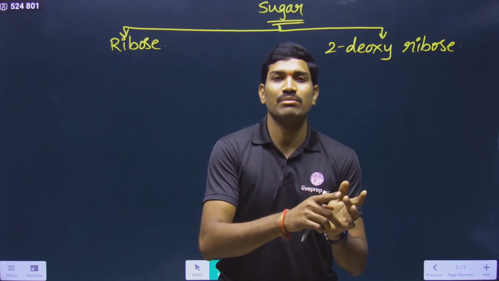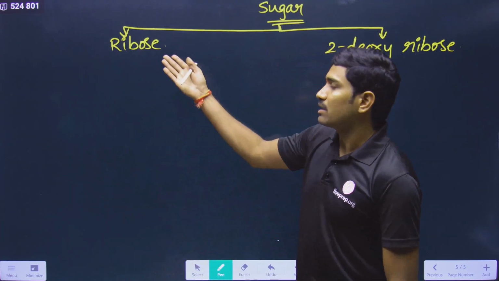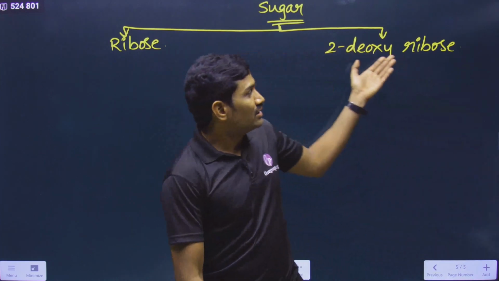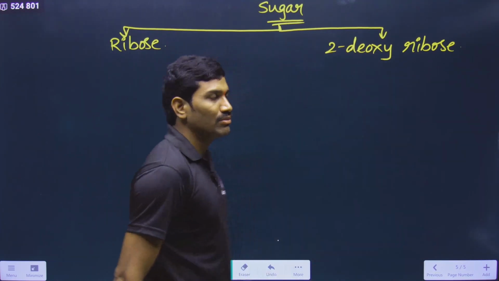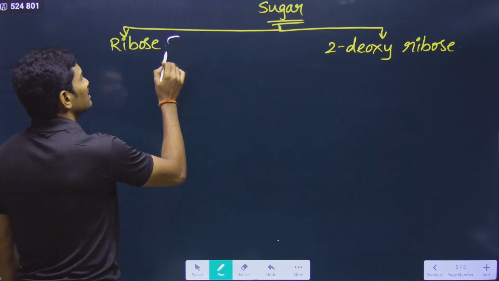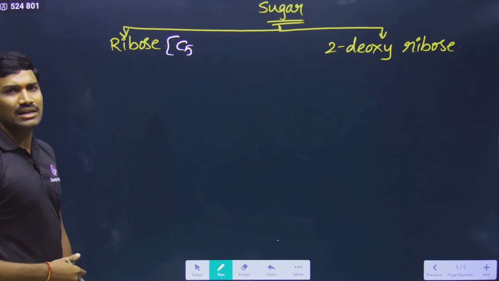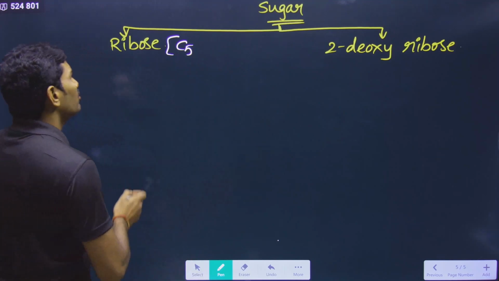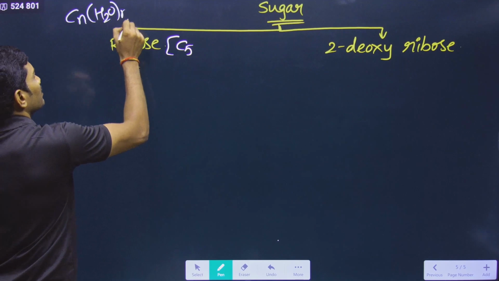Now come to the 5 carbon. Under the 5 carbon containing pentoses, ribose sugar, deoxyribose sugar are some examples. Yes or no? So now come to this. So this ribose is having how many carbons? 5 carbons. It is a monosaccharide. What is the basic formula for the monosaccharide? It is CnH2nOn.